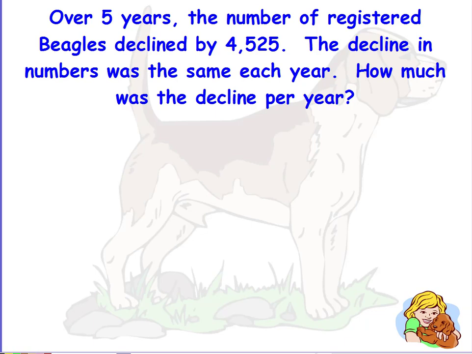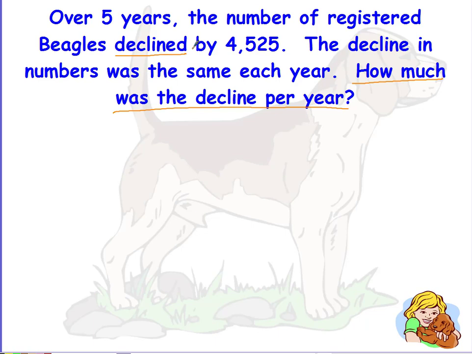Over 5 years, the number of registered beagles declined by 4,525. The decline in numbers was the same each year. How much was the decline per year? I'm going to underline my question. How much was the decline per year? Okay, the number of registered beagles declined.